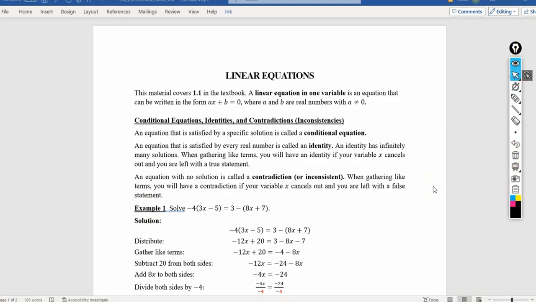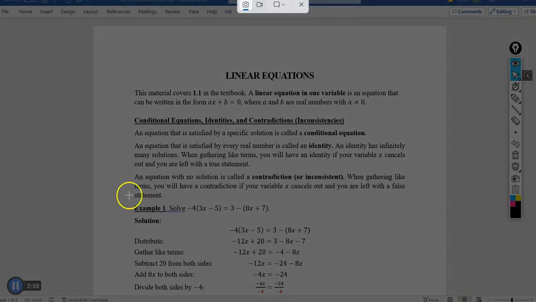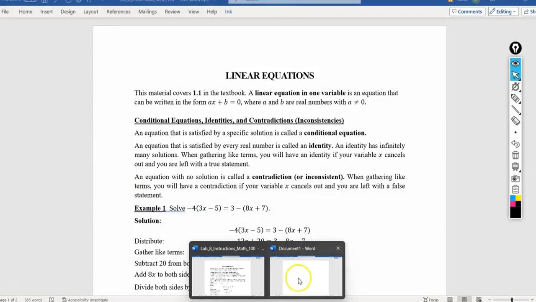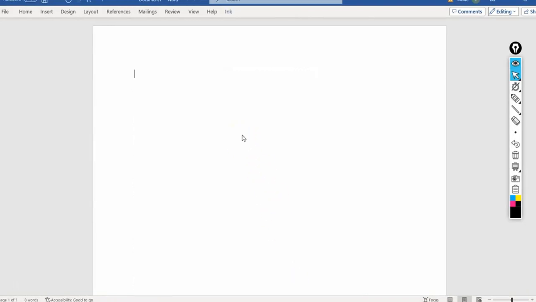And so let's look at this first one and see what that is going to be. So I'm going to come over here and let's solve this one. Okay, and all the steps are in the lab sheets. First thing I'm going to do is distribute the -4 through.